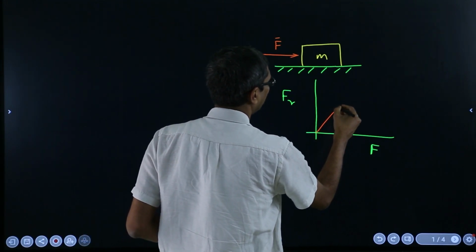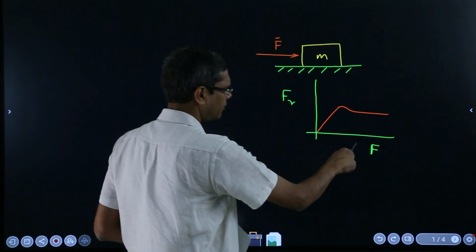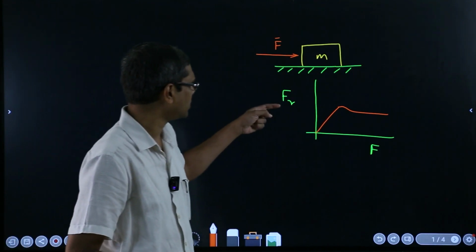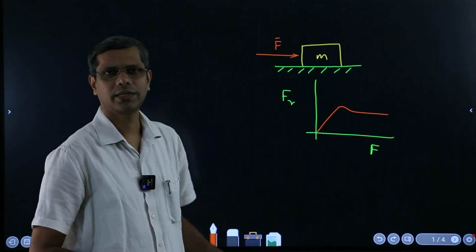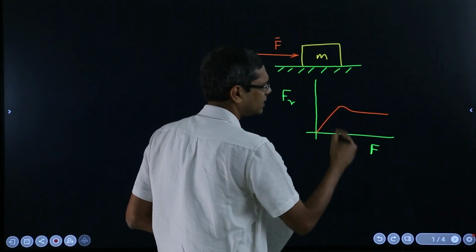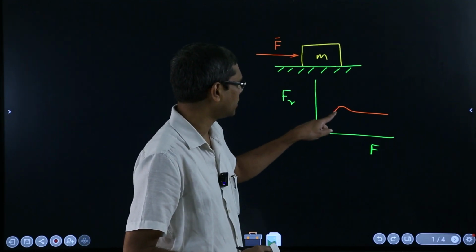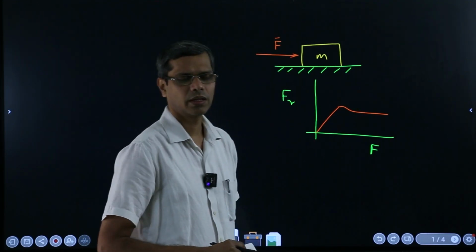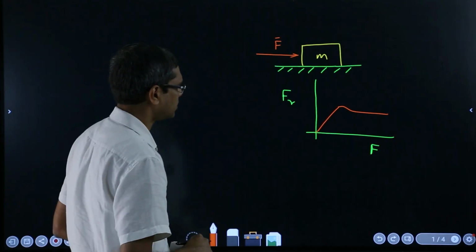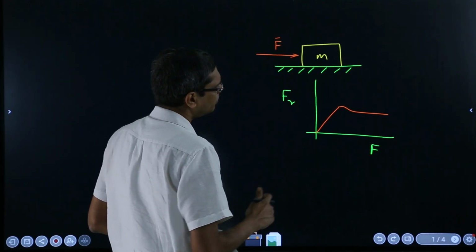And then something like this happens, and even if you increase the force, the frictional force will remain constant. All of you know why this kink is there and what it means. Basically from here the static friction ceases to hold and the dynamic or kinetic friction comes into the picture.